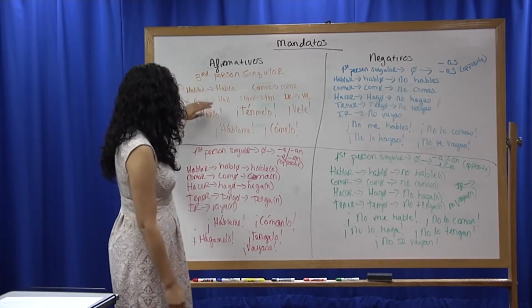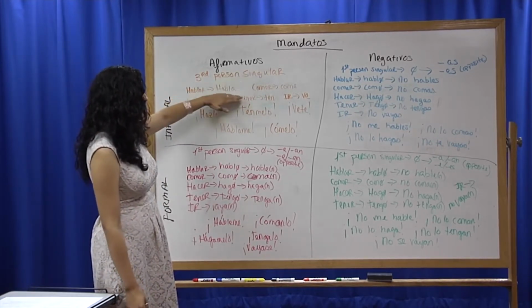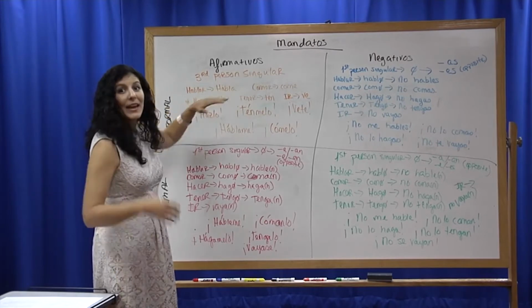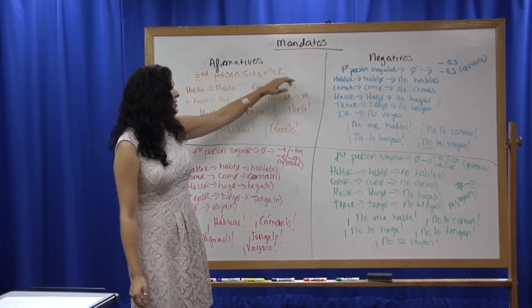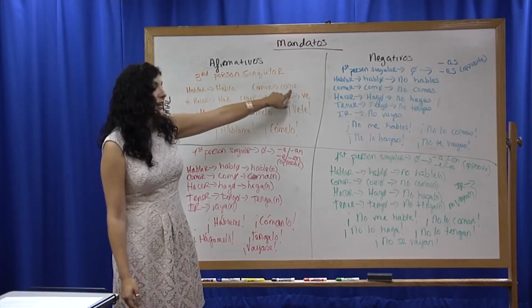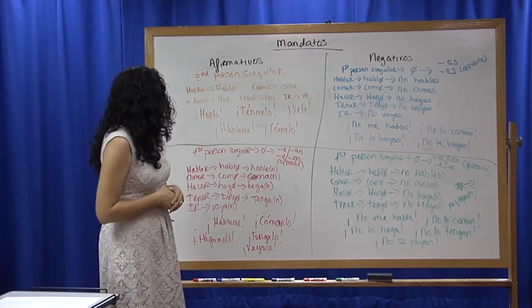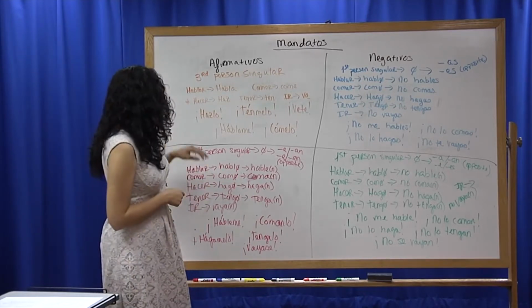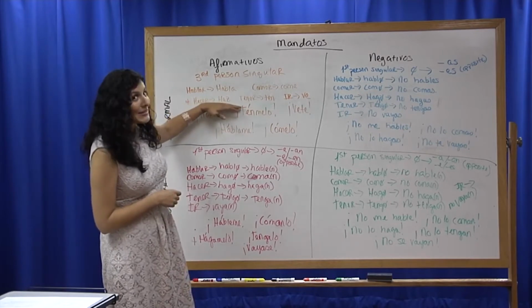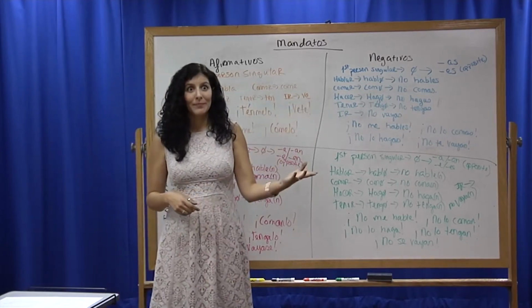So, for example, with hablar, all I have to do is find the third person singular, which is habla, and I have my command. Or with comer, all I have to do is take the third person singular and I have my command. I have come, for example. There were a couple of exceptions that we learned in this section and on this page. For example, hacer would become haz, tener would become ten, and ir would become ve.